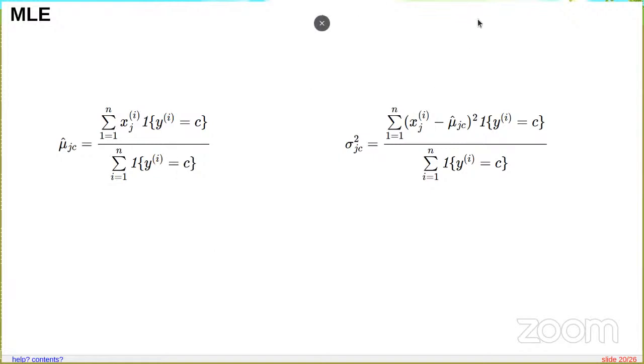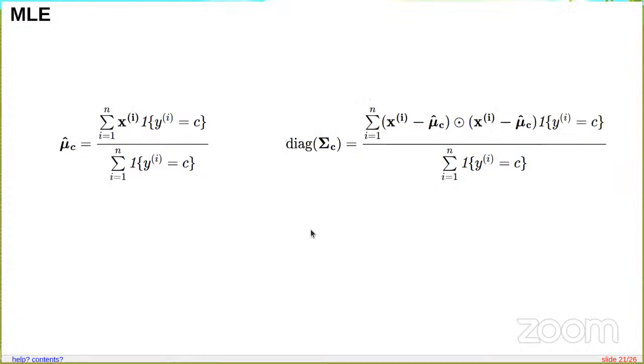Because the next step is I'm going to vectorize the whole thing. Did you all get what this slide is talking about?